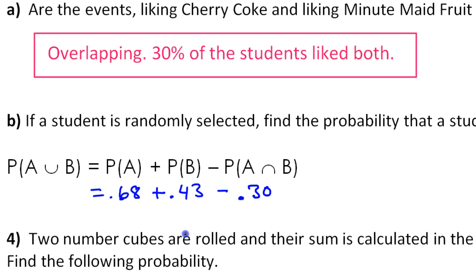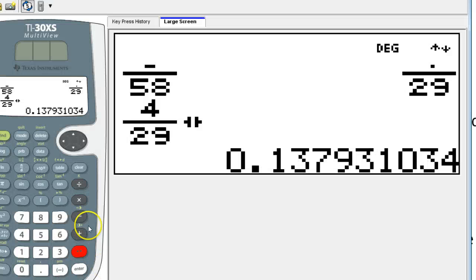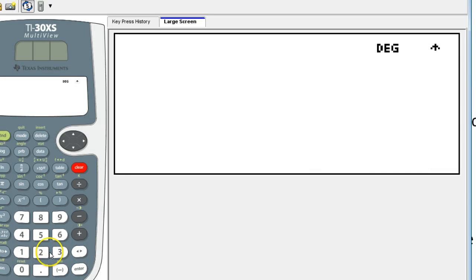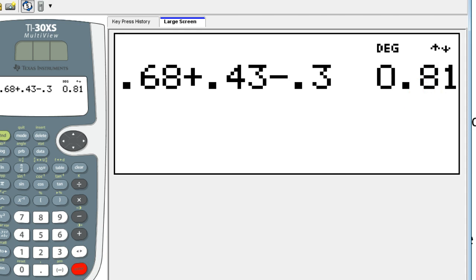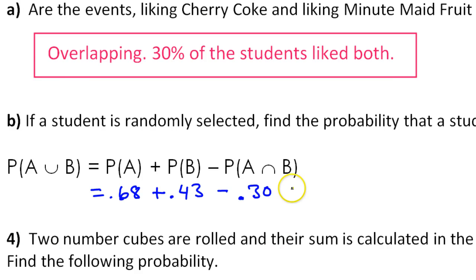So we can just straightforwardly use the formula to answer this question. Let's do that: 0.68 plus 0.43 minus 0.30. That's 0.81, or 81%.